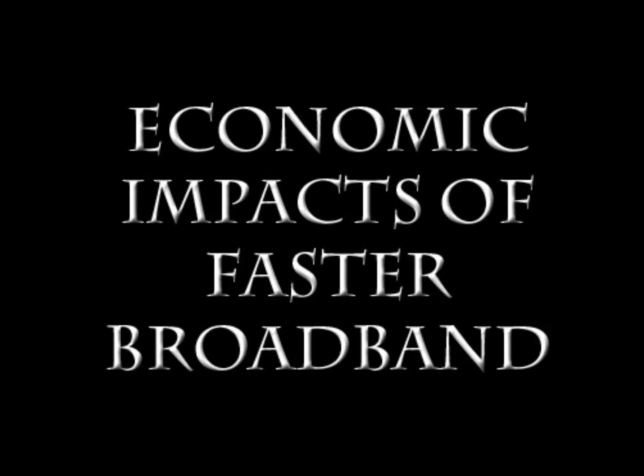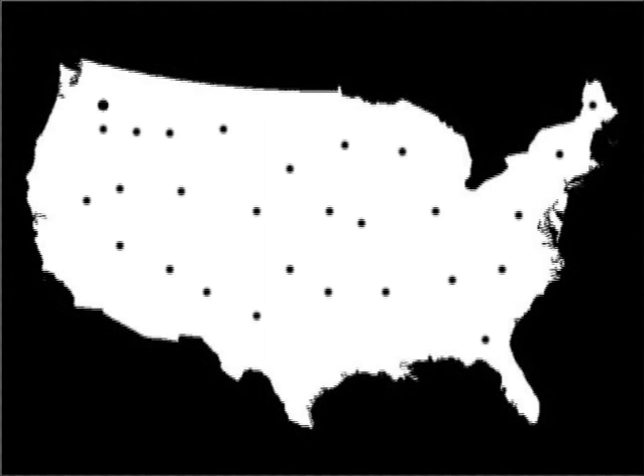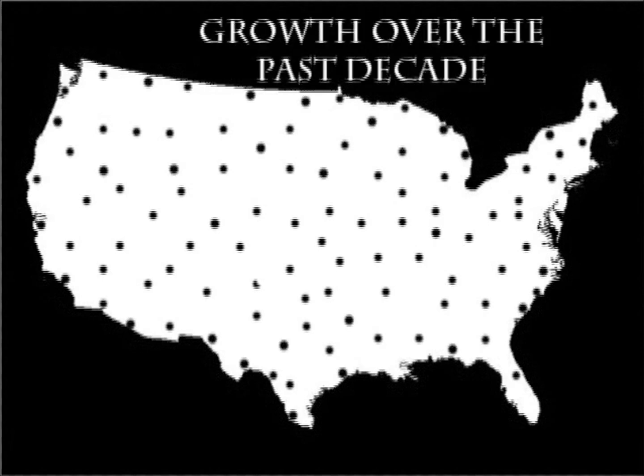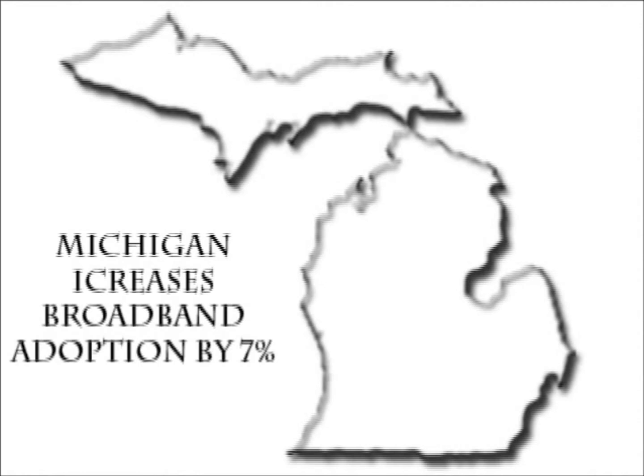The economic impacts of faster broadband are astounding. In the past decade alone, the number of mobile subscribers in the United States has grown from 61 million to 293 million. This massive increase has resulted in the creation of a $4 billion industry in apps for smartphones. This is just a small glimpse of the economic effects of broadband.